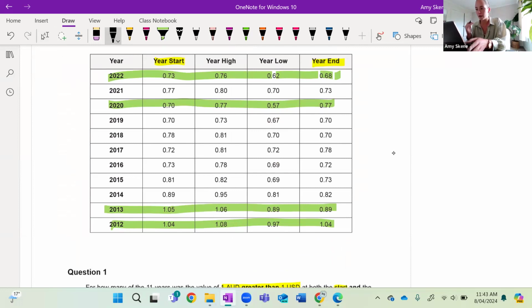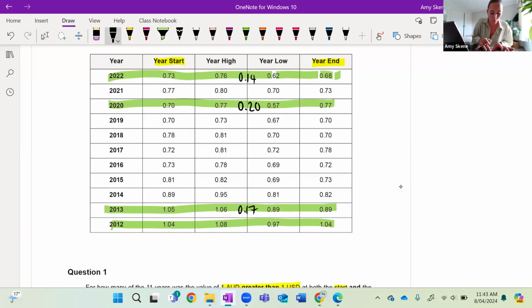Okay, so we have a year high, so 0.76 take 0.62. I did it just before, so 0.14 is our answer if you just input that. Then you've got 0.77 take 0.57. That's 0.20. Now looking at 2013, we're just going to do 1.06 take 0.89, which gives you 0.17.